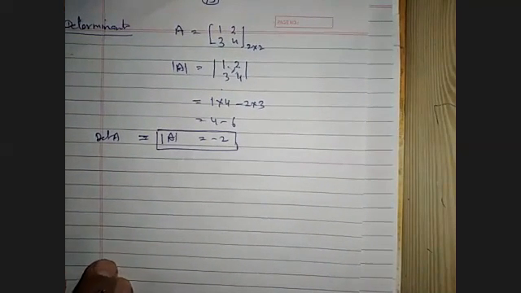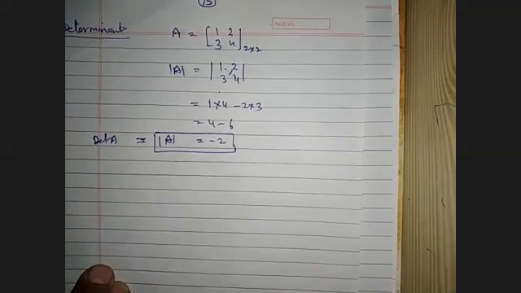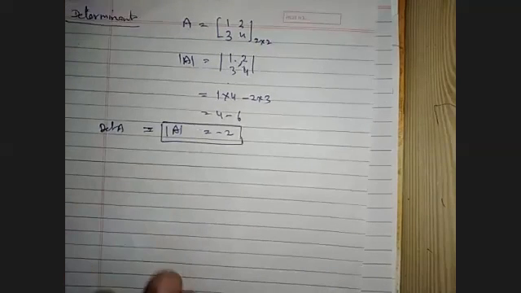We can convert a square matrix into a determinant by just changing the brackets. In this way, we can expand the value of a determinant.